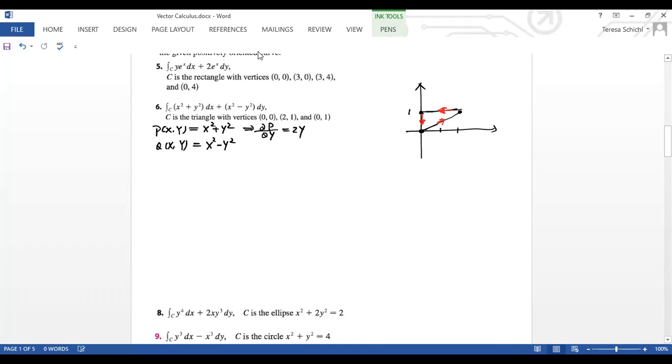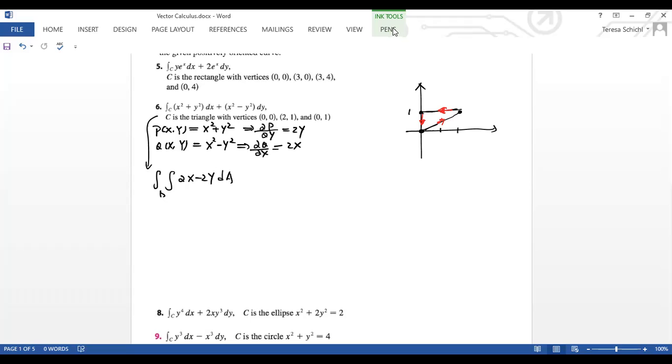It's 2y, right? Then ∂Q/∂x is equal to what? It's 2x. Okay, so the whole thing here will become ∂Q/∂x minus ∂P/∂y, so it's 2x minus 2y, correct?